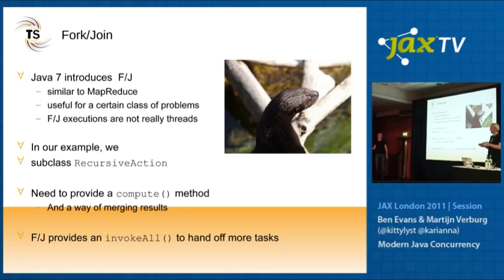Either you hand over just a few to one thread, and it does all of those because the block is small enough that there's no benefit in splitting it up, or you split the block up. That is at the heart of any fork join problem: the decision of, do I split this task up or do I handle it sequentially? So let's look at some actual code on this.